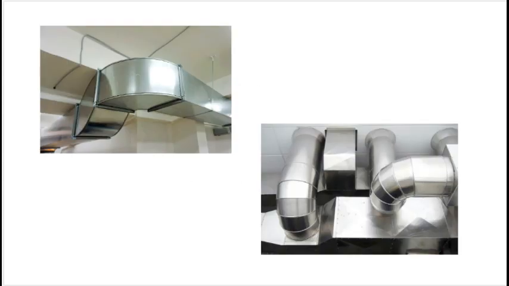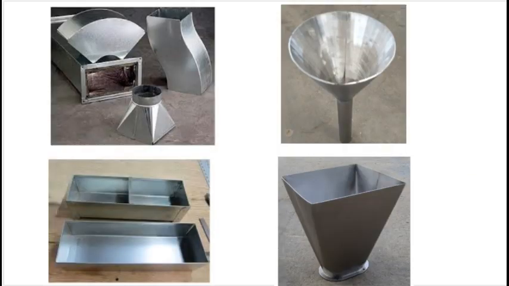At some point of time you must have seen these types of pipes or ducts somewhere in industry or in big hotels. You might have also seen these types of hoppers, or even created jobs in your workshop using what we call sheet metal.